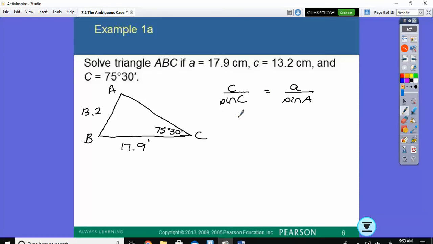So side c was 13.2 divided by the sine of angle C, 75 degrees, 30 minutes, equals side a, which was 17.9, over the sine of A, which I do not know.